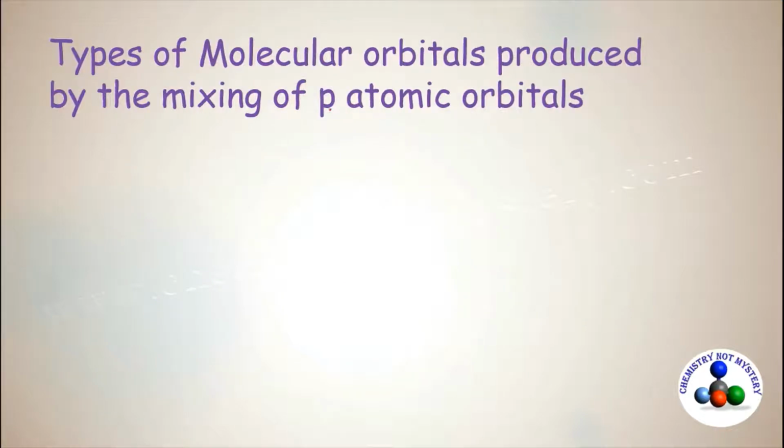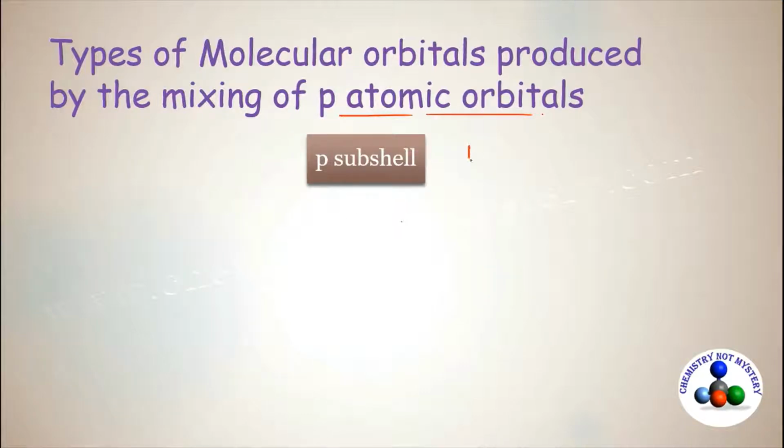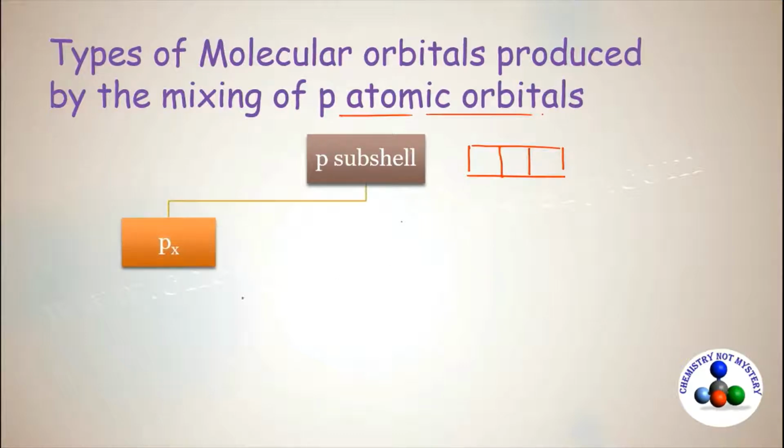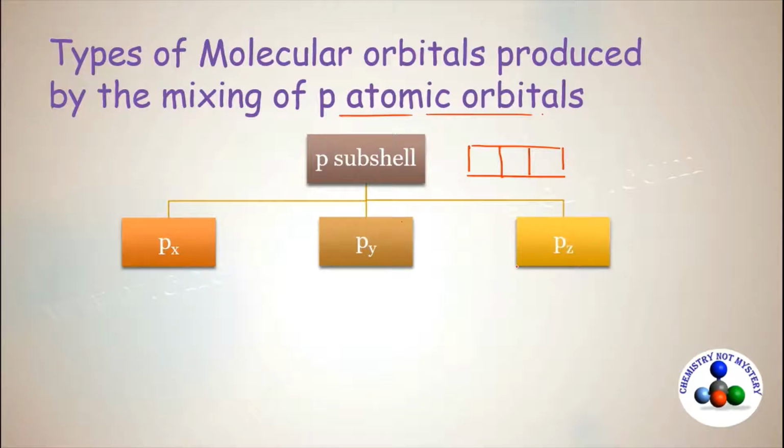Let's discuss how many molecular orbitals can be produced by the mixing of p atomic orbitals. We all know the p subshell has three orbitals. One is px, another one is py, and the third one is pz.